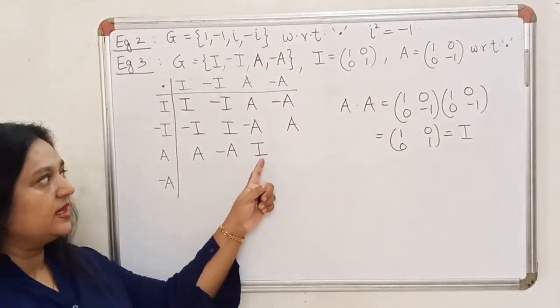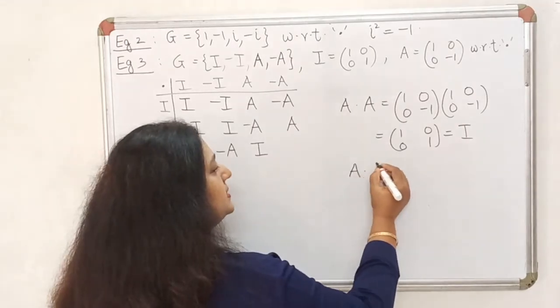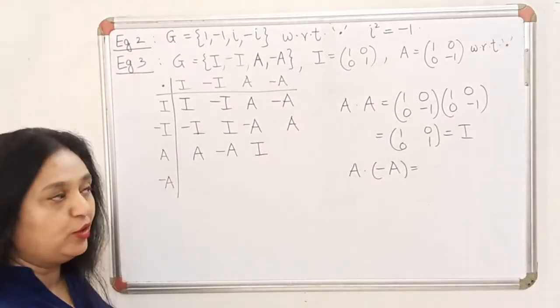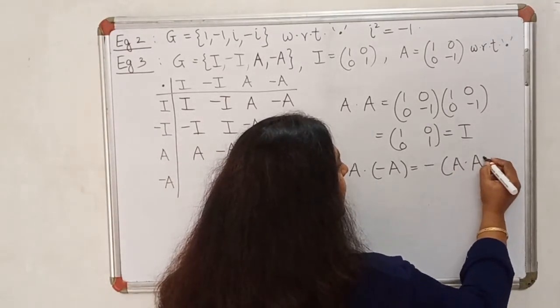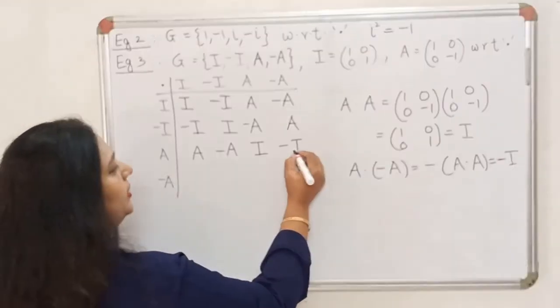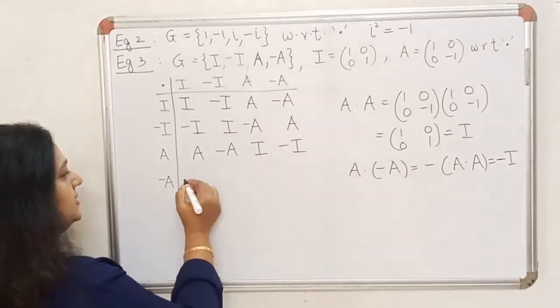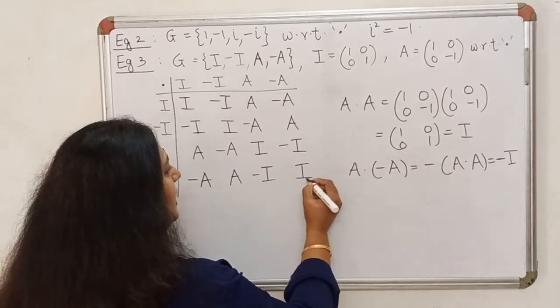And once I get this element, it's easy to know what is the next element, because next element is A multiplied by minus A, but I don't need to do these calculations again. This will be minus of A into A, and I know that A into A is I. So this element will be minus I, and therefore with minus A again only signs are going to change. So minus A, minus I, plus I.